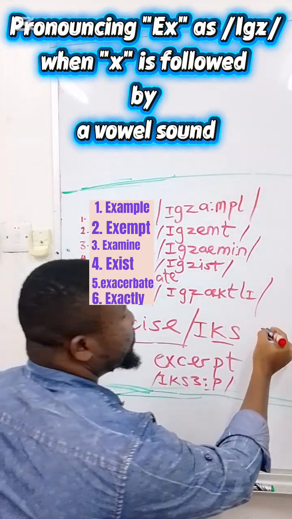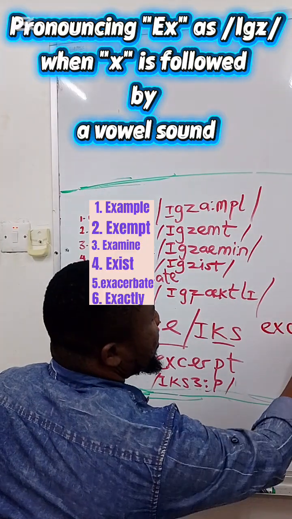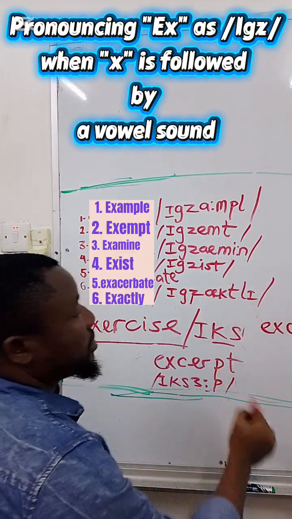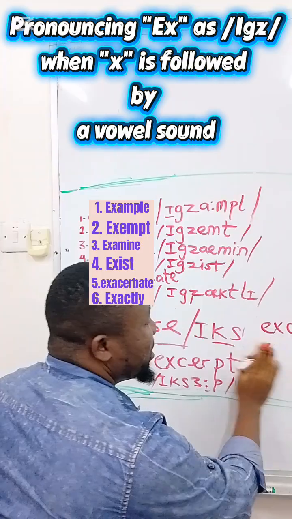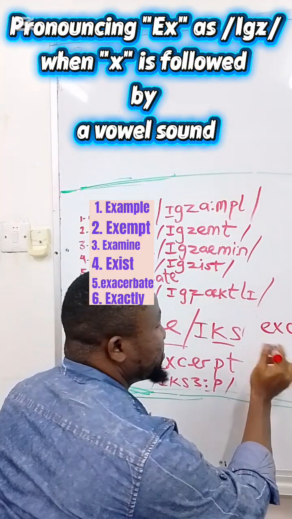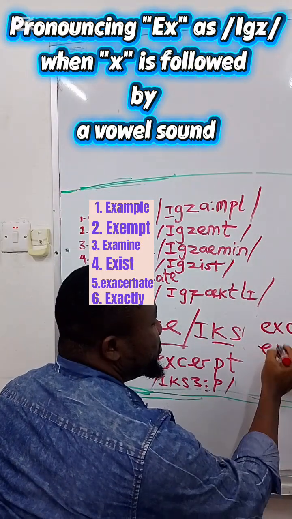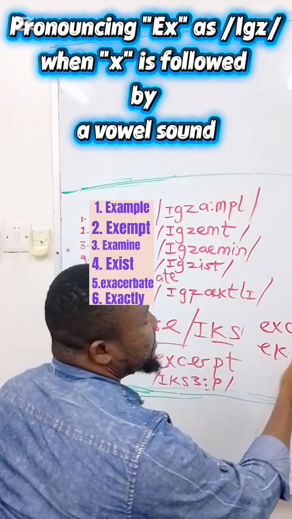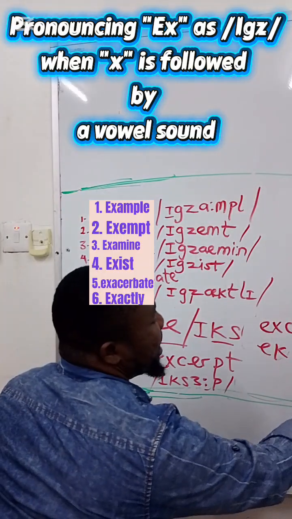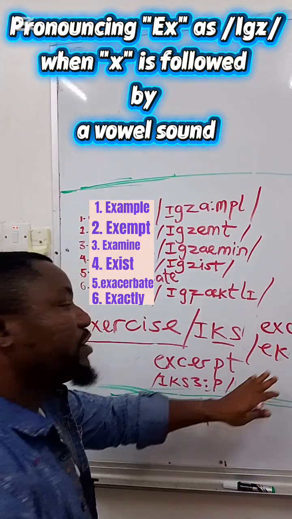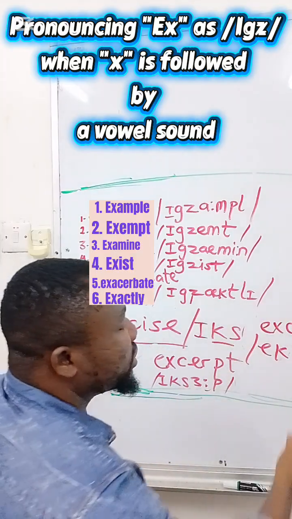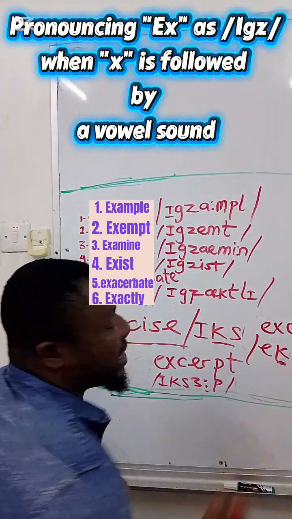If you look at the word except, let's pronounce it like local people for once. You say except, accept. If you look at the pronunciation of this word, you notice that after X we have S, right?